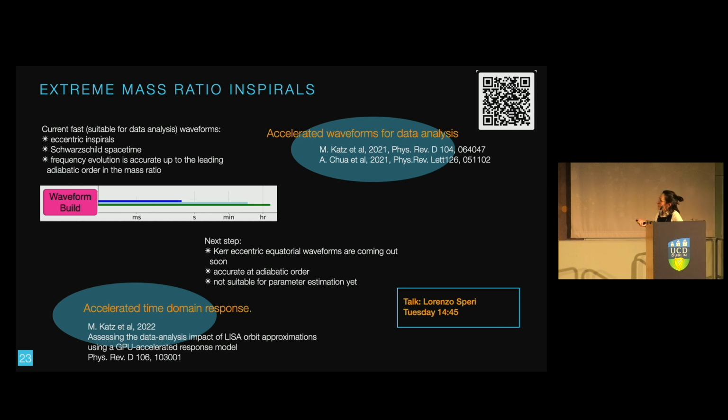But this is a very big step, and you can see how much the use of GPUs is going to speed up these waveforms. And in addition to that, we have accelerated methods to do the response in the time domain, because it is very important to have a response, and for these signals we don't have a fast response in the Fourier domain.